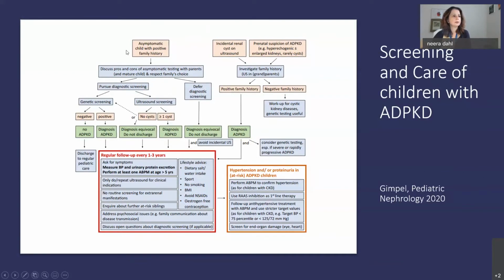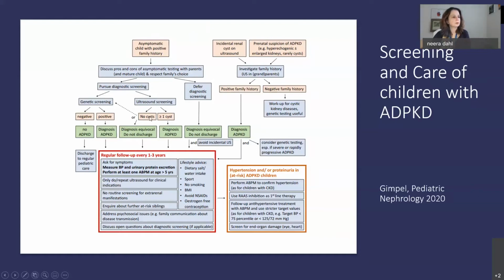So if you have an asymptomatic child with a positive family history, you would discuss the pros and cons of asymptomatic testing with the parents. And then if the decision is made to pursue diagnostic testing, that could be either with ultrasound screening using the guidelines developed for diagnosing ADPKD. And in the case of a child, greater than 1 cyst would be enough to diagnose ADPKD with the appropriate family history, or you could consider genetic screening.